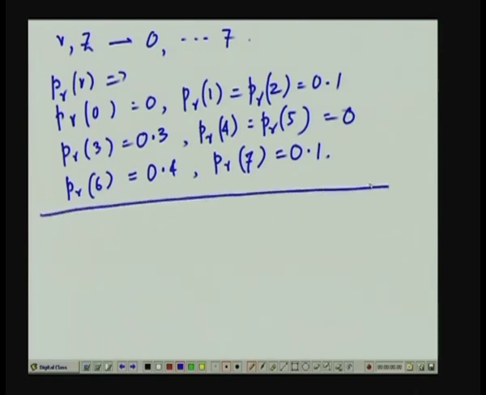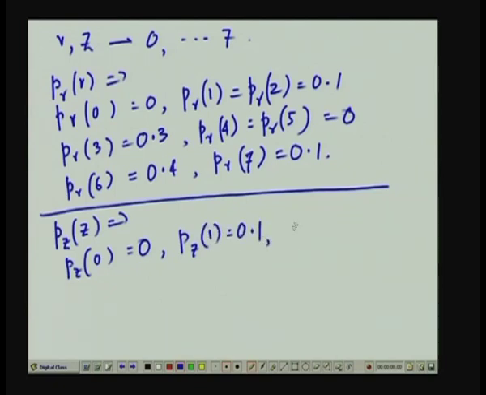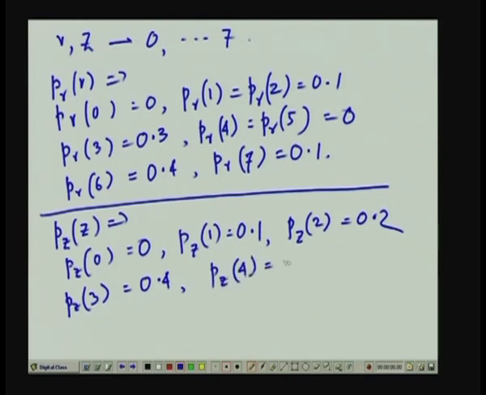Similarly, the target histogram is given in the form P z z, where the values are P z 0 is equal to 0, P z 1 is equal to 0.1, P z 2 is equal to 0.2, P z 3 is equal to 0.4, P z 4 is equal to 0.2, P z 5 is equal to 0.1, P z 6 is equal to 0, and P z 7 is equal to 0.